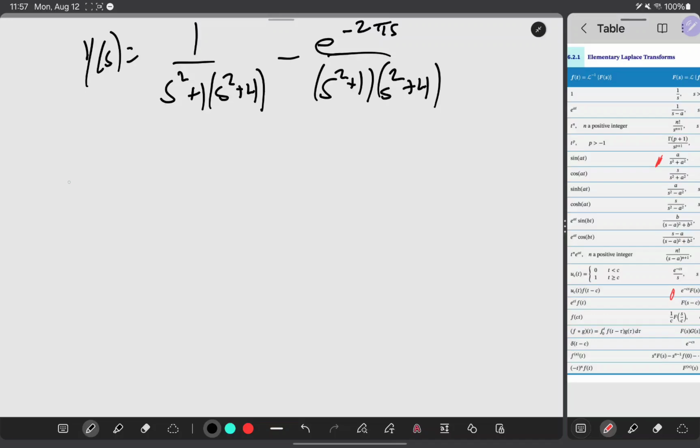So we only have to do partial fractions for one section here. So we'll have 1 is equal to, I'm going to skip a step, As plus B times s squared plus 4. Actually, let me write it out, just because for later it could be useful to see this step.